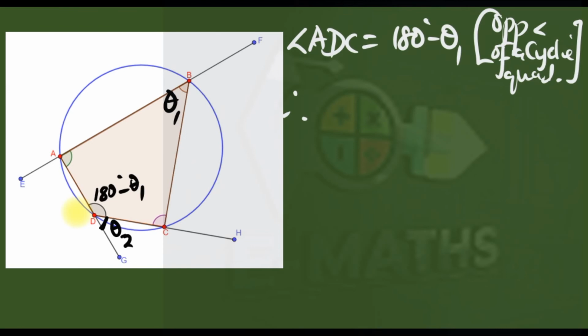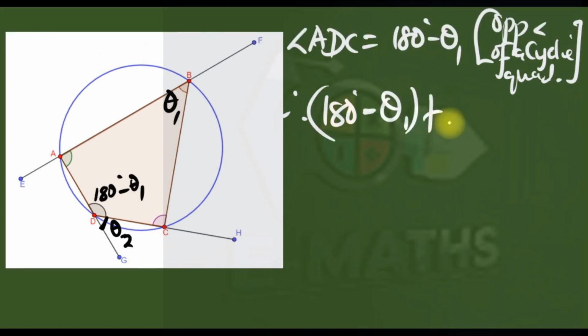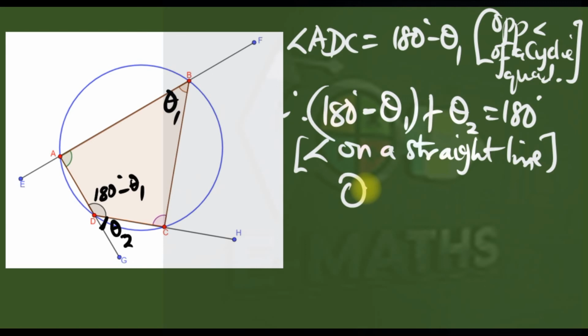So if you sum 180 minus theta 1 plus theta 2, it must give us 180 degrees by angle on a straight line. So from this, 180 is here, 180, so theta 1 goes over, and this implies that theta 1 is equal to theta 2. So we prove that. Let's now solve an equation on that.